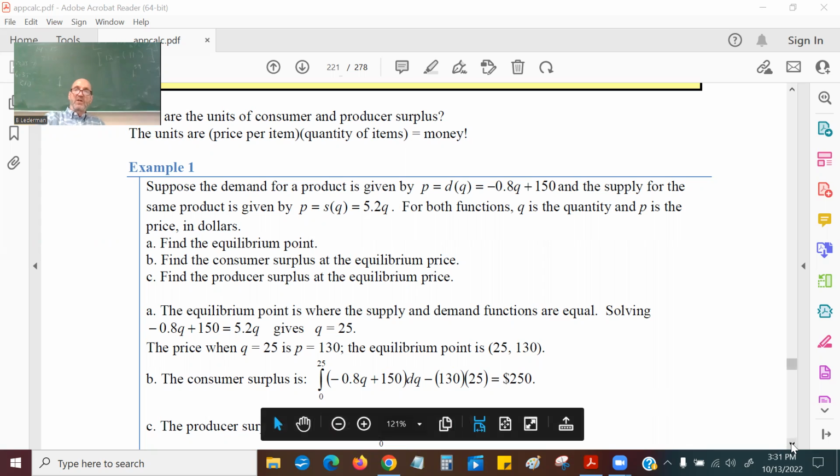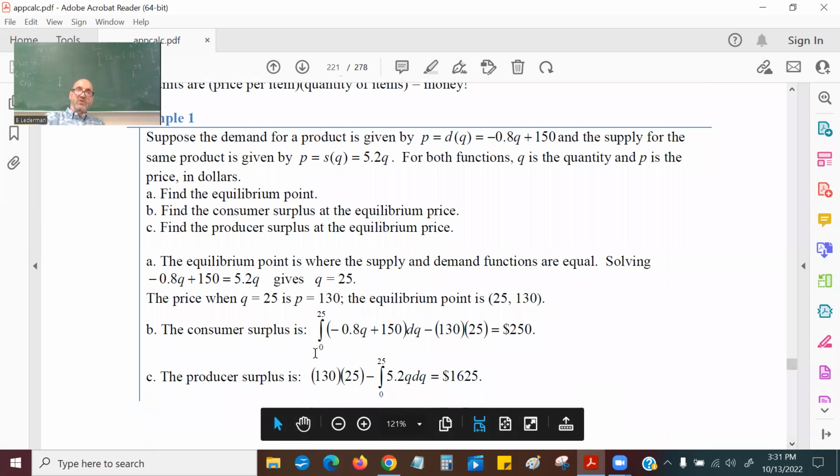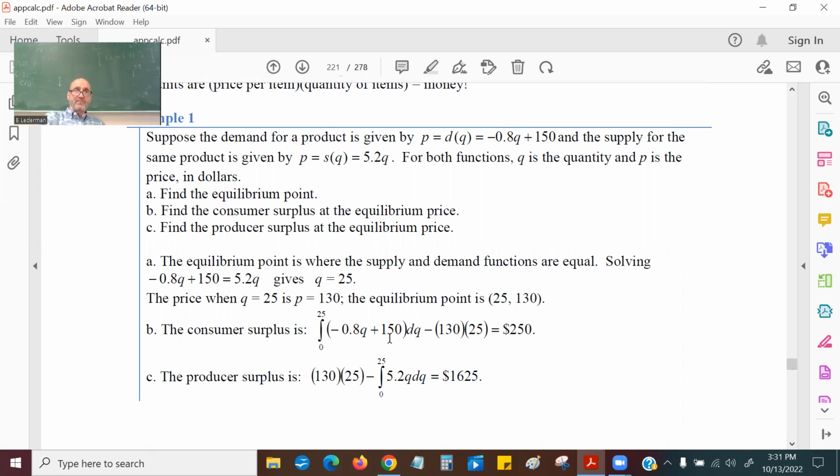Now the consumer surplus, that's going to be the integral from 0 to 25, because 25 is my Q star, of the negative 0.8 Q plus 150 dQ minus P star times Q star. If you work this out, this comes out to 250. And let's look at the next one.